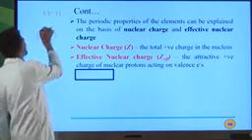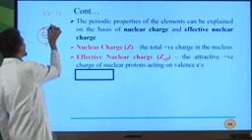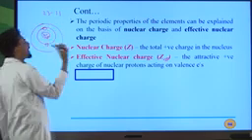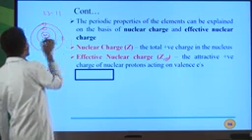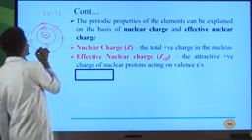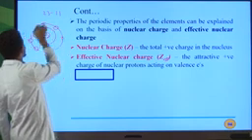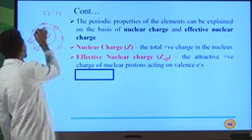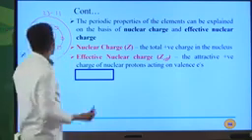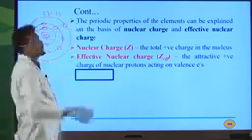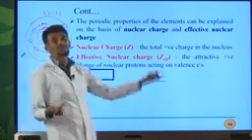The first shell contains only 2 electrons. The second shell can have a maximum of 8 electrons. Totally we have 11 electrons for the sodium atom: 1, 2, 3, 4, 5, 6, 7, 8. And the third shell contains only 1 electron for the sodium atom, because totally we have 11 electrons.